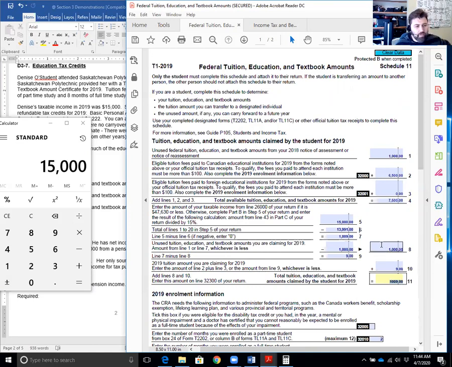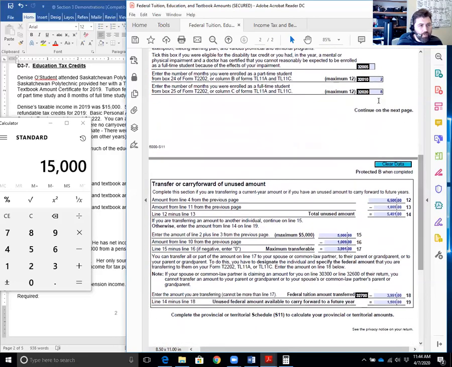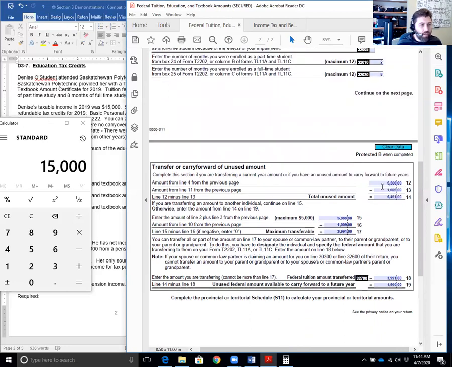So what they're saying is, you're going to use your carry forward first, and only $9 from your $6,500 worth of tuition this year. Okay, so these still say the same: 2 months of part-time study, 8 months of full-time study. But this section is going to change, and you'll see how it changes.